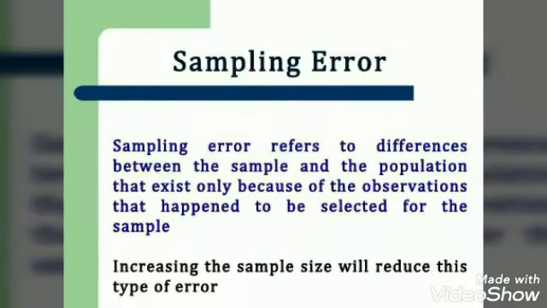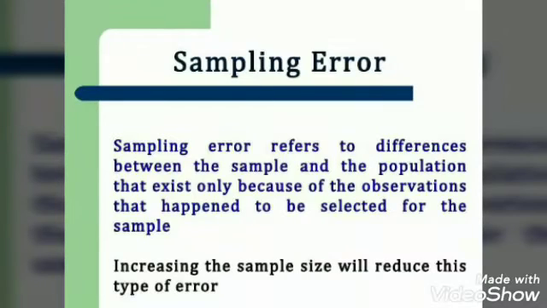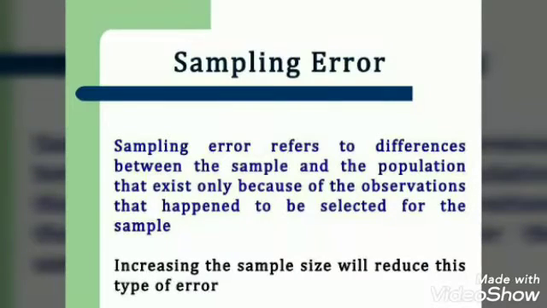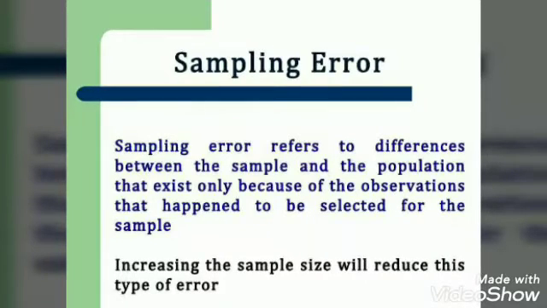This means that a sampling error is related to the size or nature of the sample selected for the study. And you know, due to the selection of a very small sample to study, what happens? The estimated value may differ from the actual value of a parameter, and the error thus emerges as a sampling error.